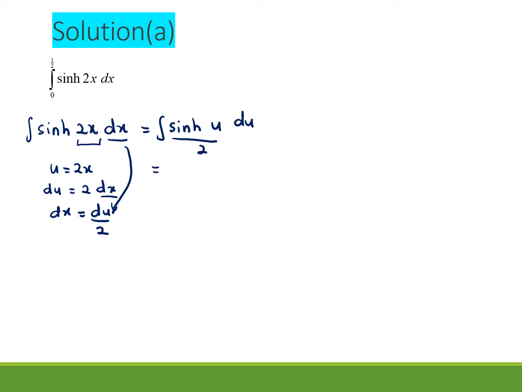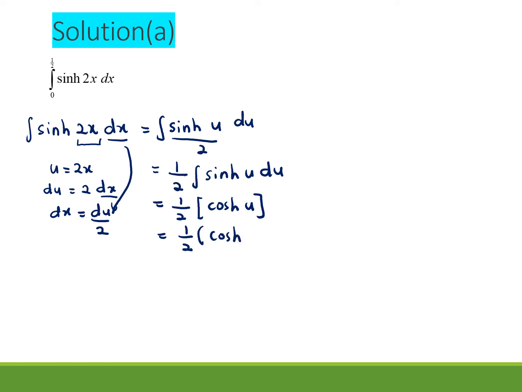So now we can straight away solve this, where the integration of sine hyperbolic u is cos hyperbolic u, and substituting u with 2x, we get 1 over 2 cos hyperbolic of 2x.